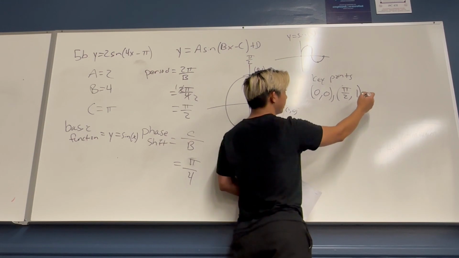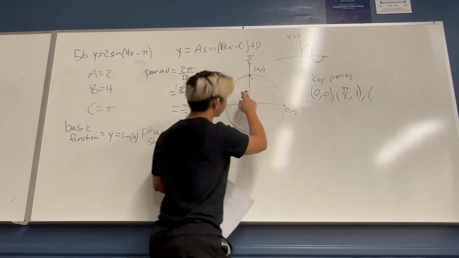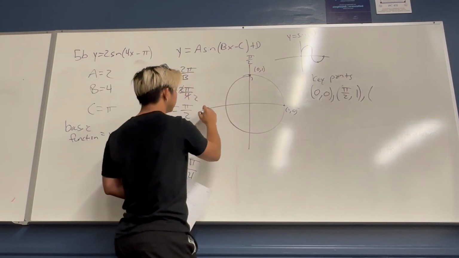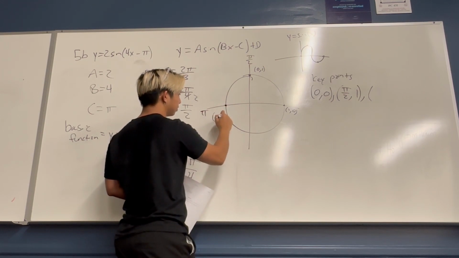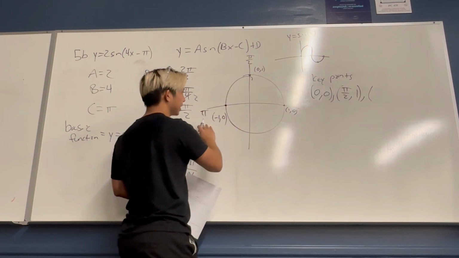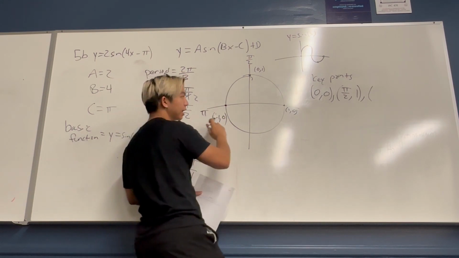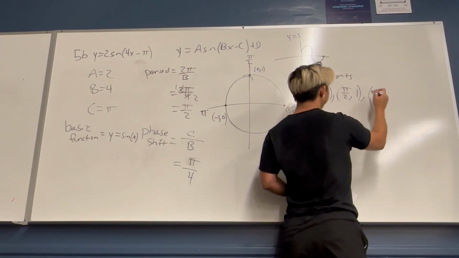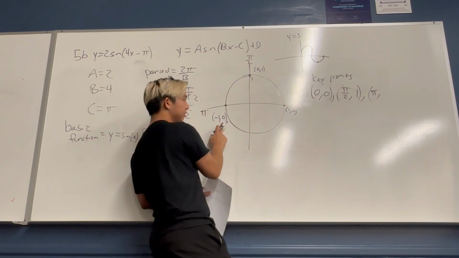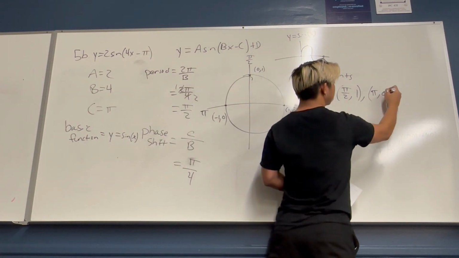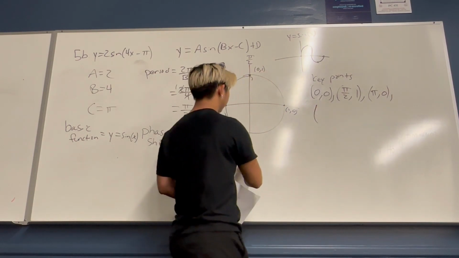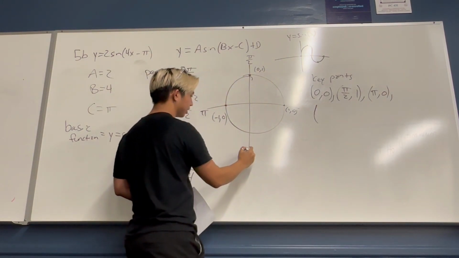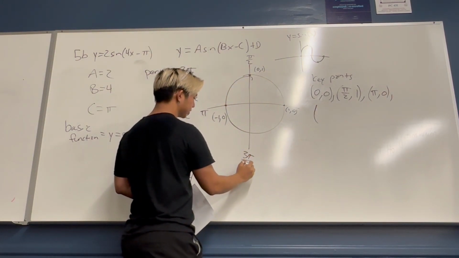And then we travel over here to pi, right? This is pi. What coordinate do we have here? We have -1, comma 0, right? So our angle is pi, and our y coordinate is 0. And then if we travel down to here at 270, we have 3 pi over 2.